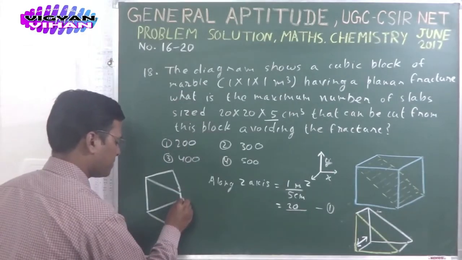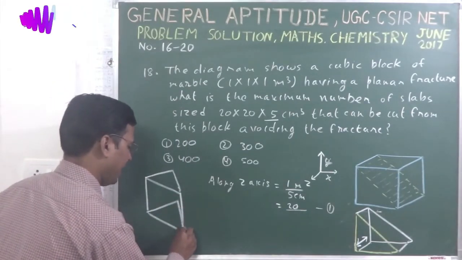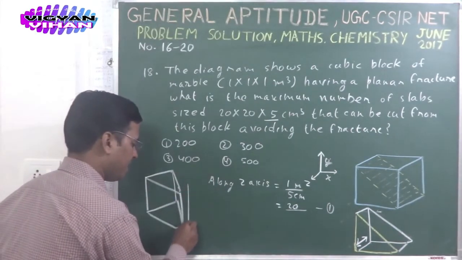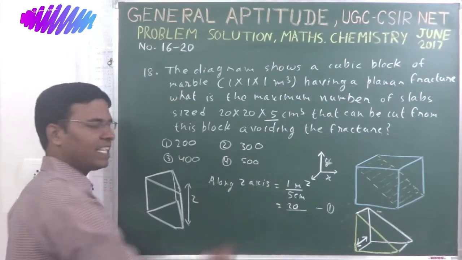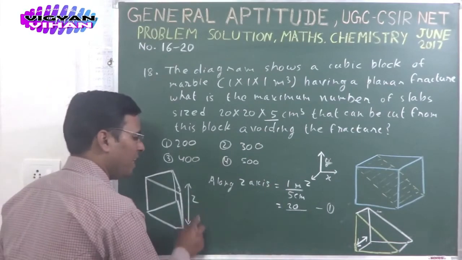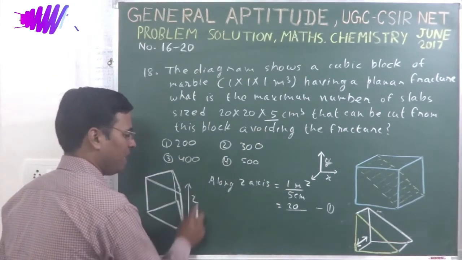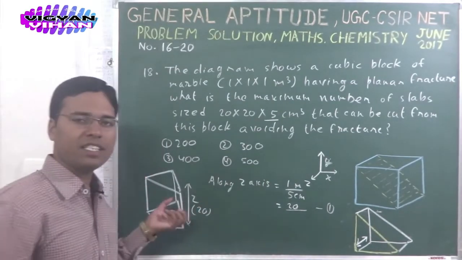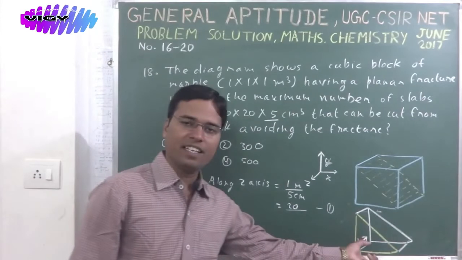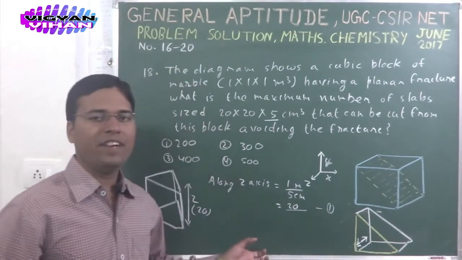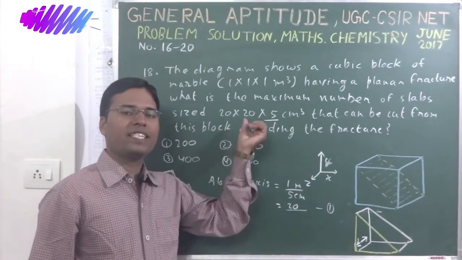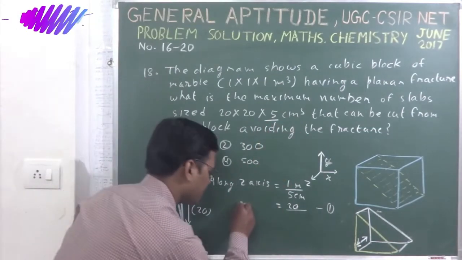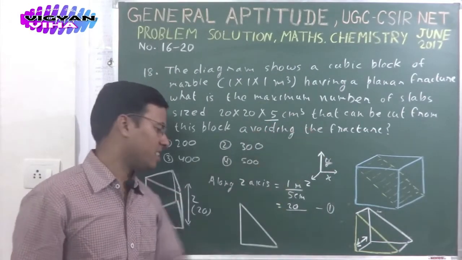If I put this prism like this, in that condition the length here which was along the z-axis will have the number of slabs along the z-axis equal to 20. Now this triangular part here will be divided into square shapes of 20 by 20 centimeter squares avoiding the fracture.